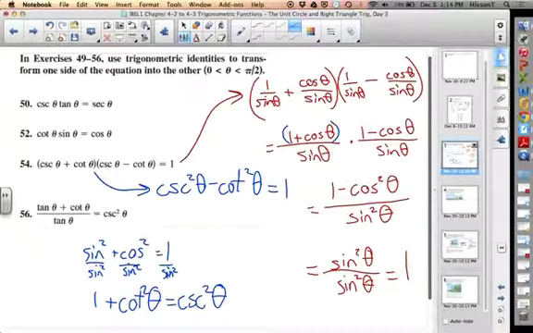You have conjugates in the numerator, so it's 1 minus cosine squared over sine times sine, so sine squared. And then again, you have the Pythagorean identity here. If I have 1 minus cosine squared, that equals sine squared. And of course, sine squared over itself is 1.